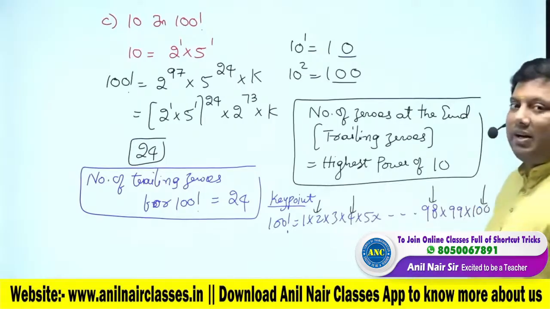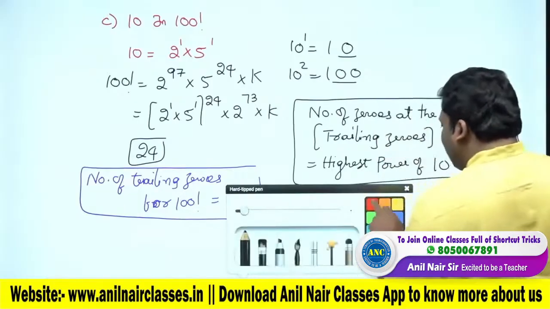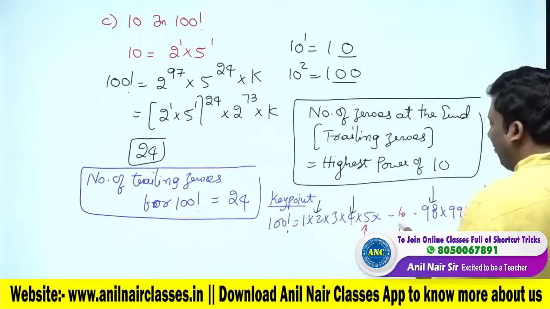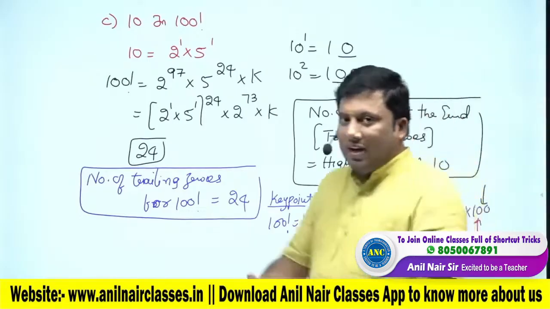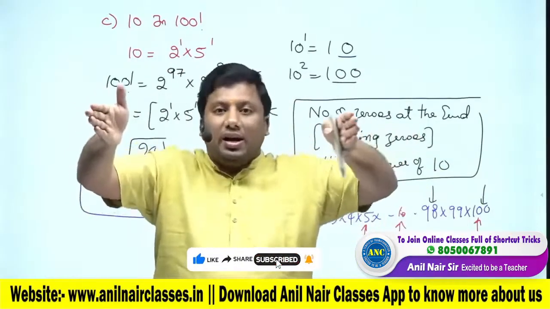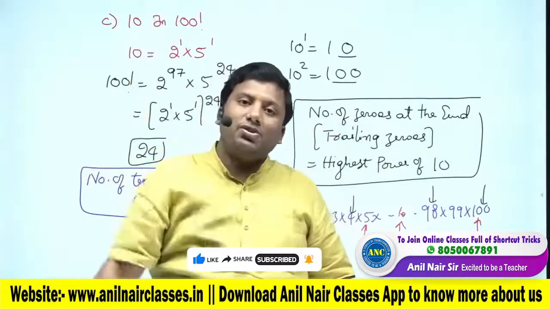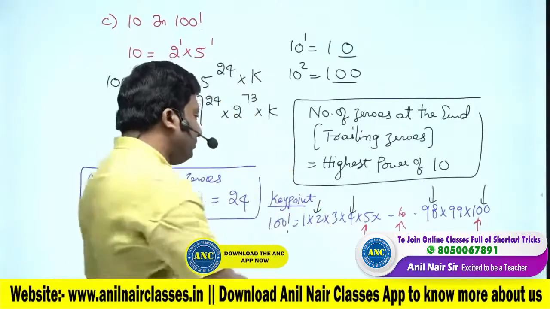Every fifth term is a multiple of 5. Writing 100 factorial as 1 into 2 into 3 till 100, there are 100 terms. 50 terms are multiples of 2, but 20 terms are multiples of 5.